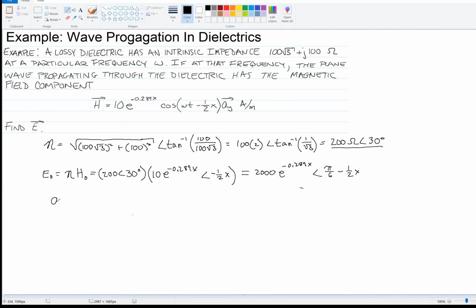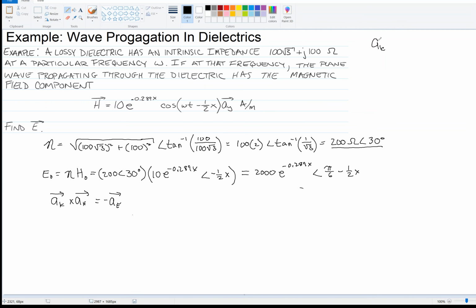What does that mean about the electric field? Remember that a unit vector that points in the direction of propagation, crossed with a unit vector that points in the direction of the magnetic field, must equal negative a unit vector that points in the direction of the electric field. Where did I get that from? That was the right-hand rule.